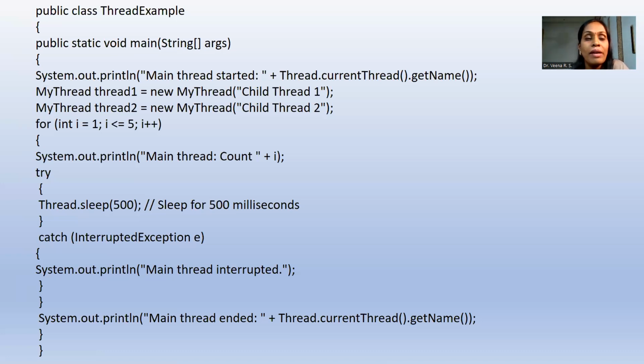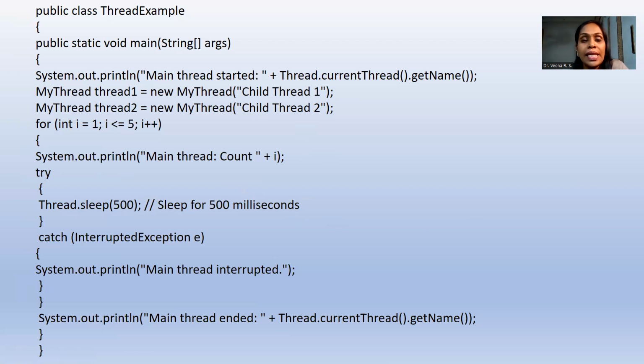It's not like you have to create an instance of that class and pass it as a parameter to the constructor of the Thread class. Here you can directly create an object of the MyThread class, which extends Thread. So you have written new MyThread, and the name is child thread 1.